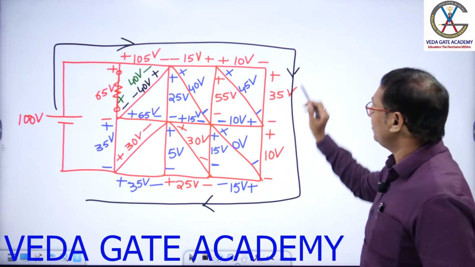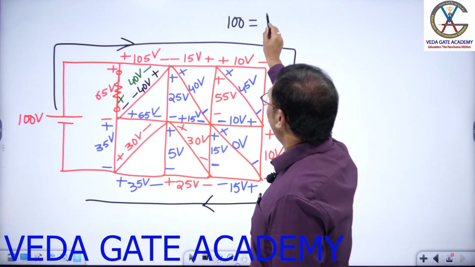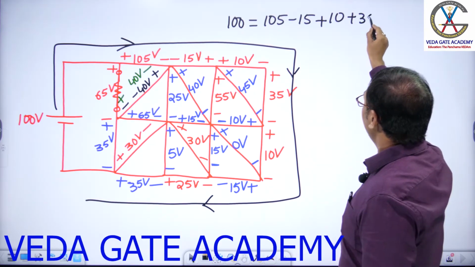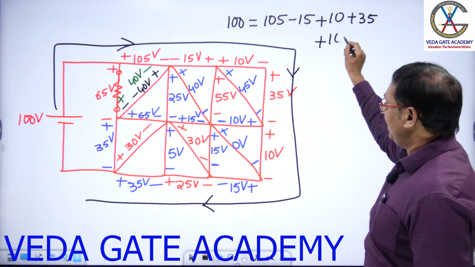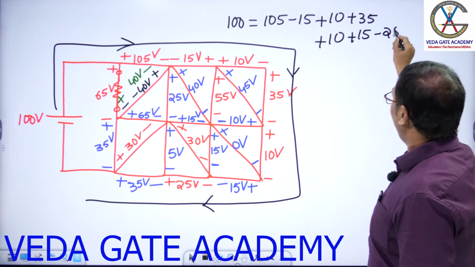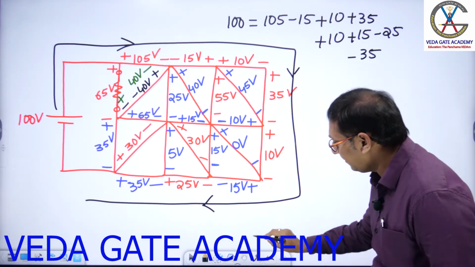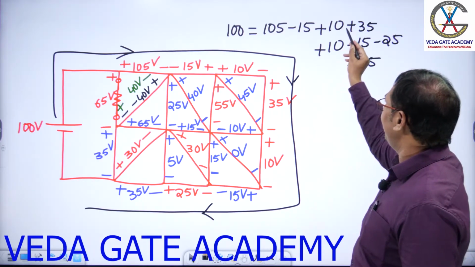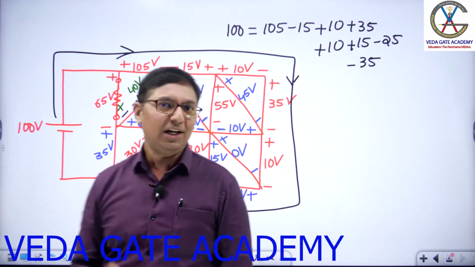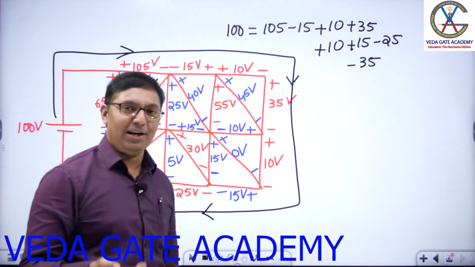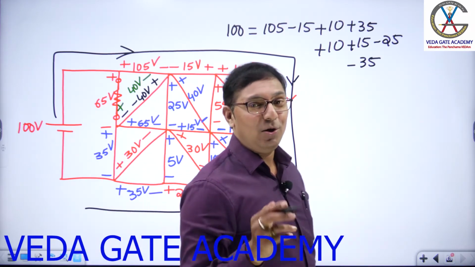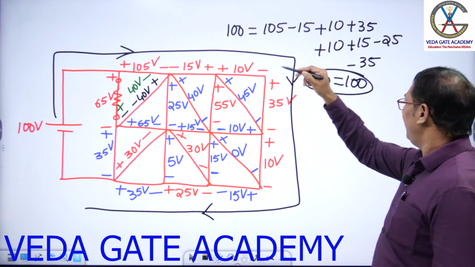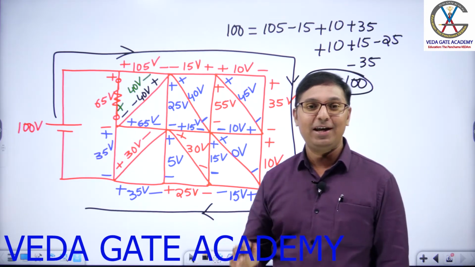Now tell me, what is this voltage? 100 equals, come on, fast. 100 equals 105 minus 15 plus 10 plus 35 plus 10 plus 15 minus 25 minus 35 minus 35. 105 minus 15, 90; 90 plus 10, 100; 100 plus 35, 135; 135 plus 10, 145; 145 plus 15, 160; 160 minus 25, 135; 135 minus 35, 100. 100 equals 100. KVL perfectly satisfied.